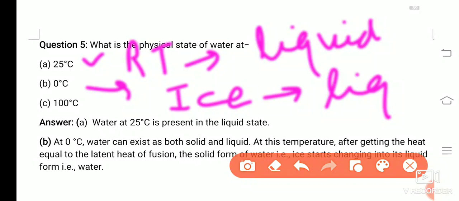So at 0 degrees Celsius water will be in the form of ice as well as liquid. At 100 degrees Celsius water is available in liquid form. Why? Because it is the boiling point of water, so in the form of liquid and in the form of gas, in both forms it will exist at 100 degrees Celsius.